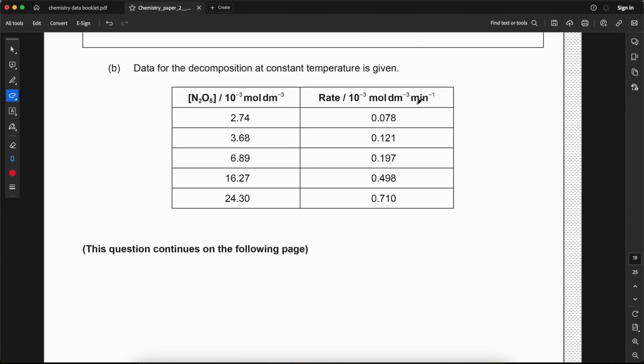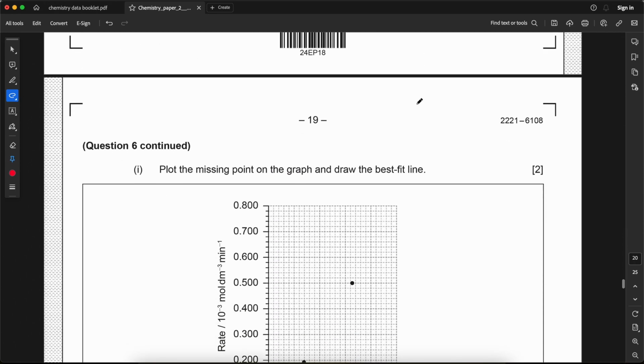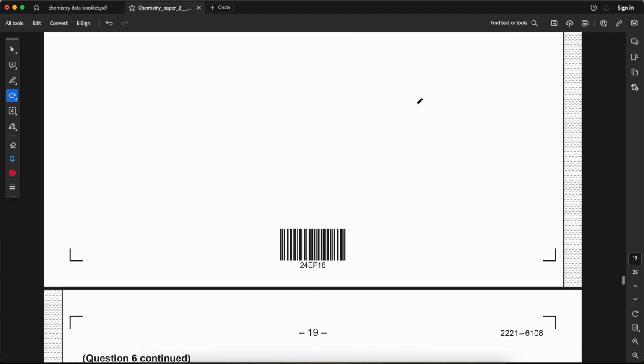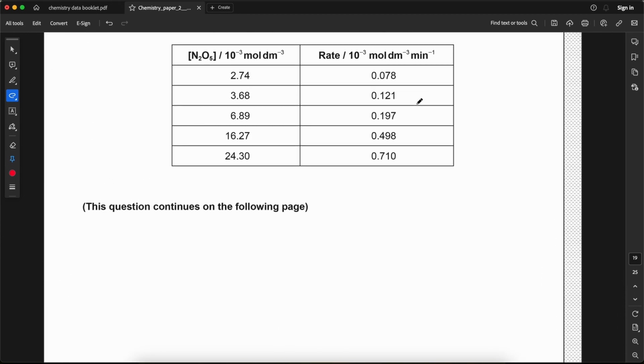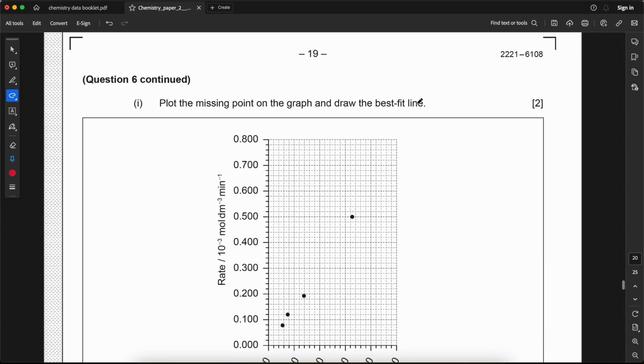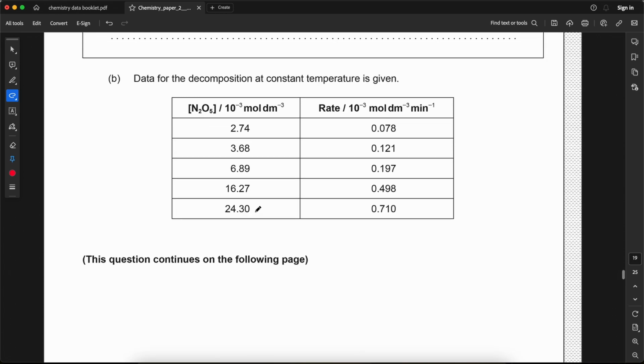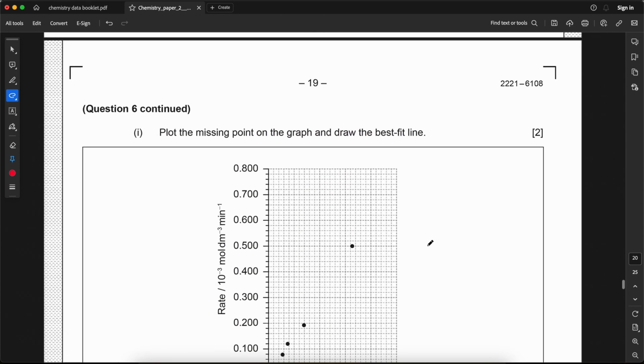Data for the decomposition at constant temperature is given. This is the data, and this is the graph. So you need to plot the missing point on the graph and draw the best fit line. So this is the missing point, which is the fifth one. So 24.30 and 0.71.